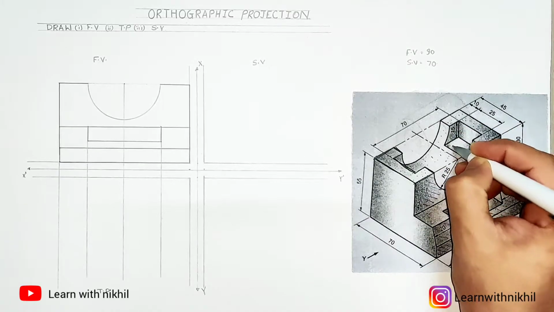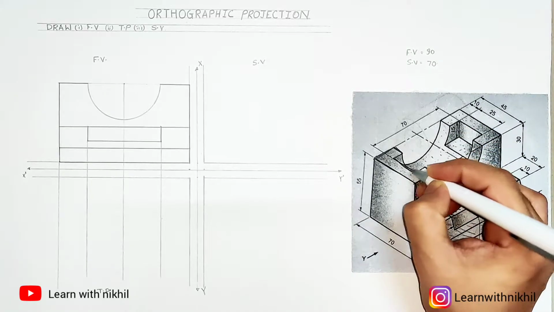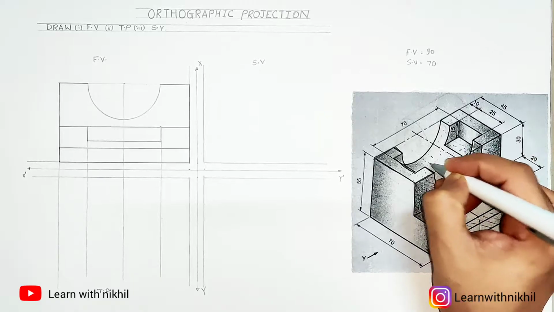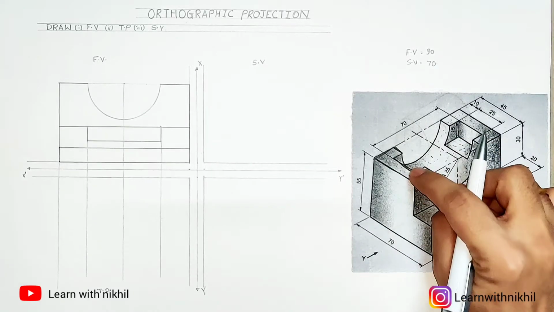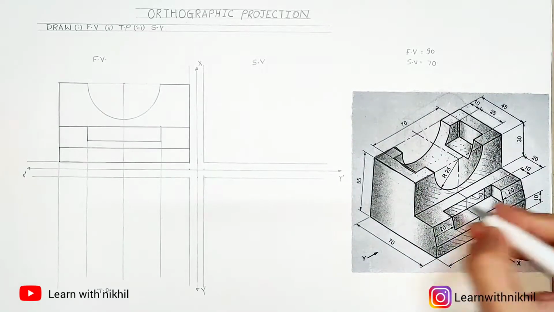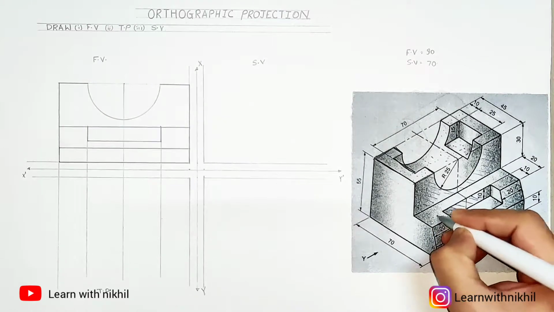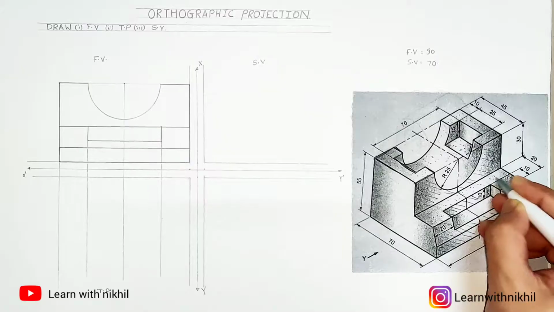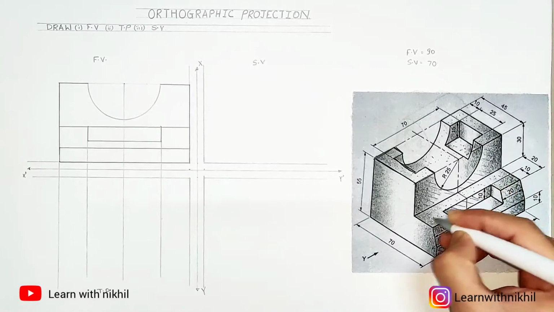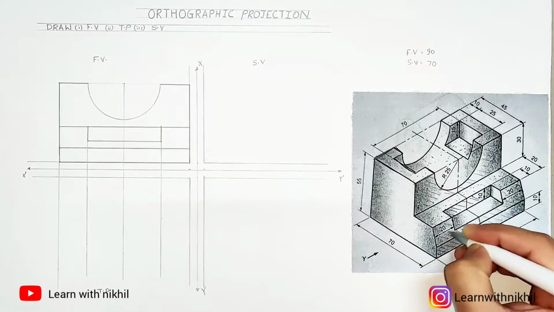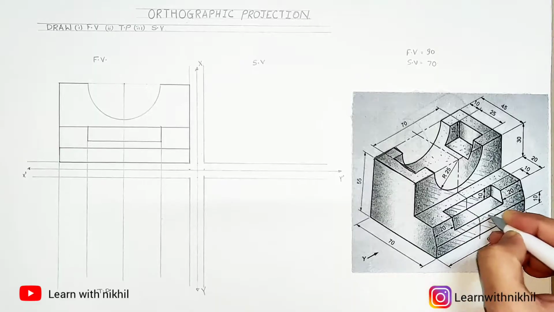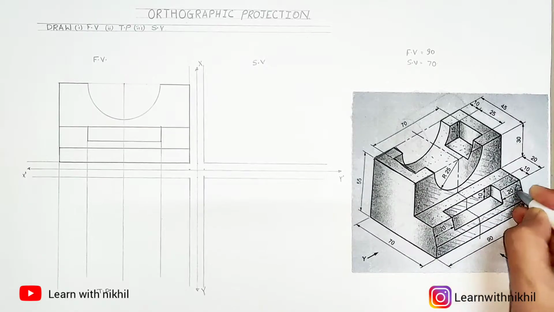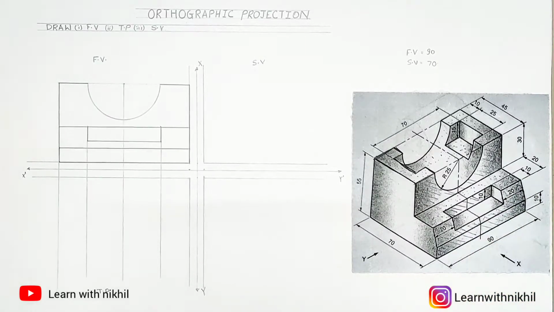This part, this rectangular block, this slant line, will look like a rectangular block from the top view. The slant line will look slant only from the side view.